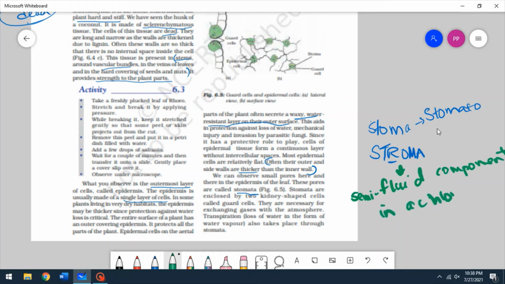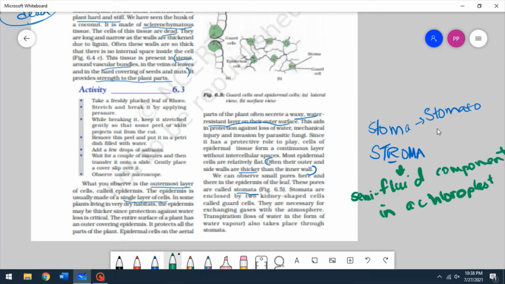Alright, that is where chlorophyll is present. It's like the cytoplasm of chloroplast. So it's the semi-liquid matrix in chloroplast, that is stroma, that has the R.